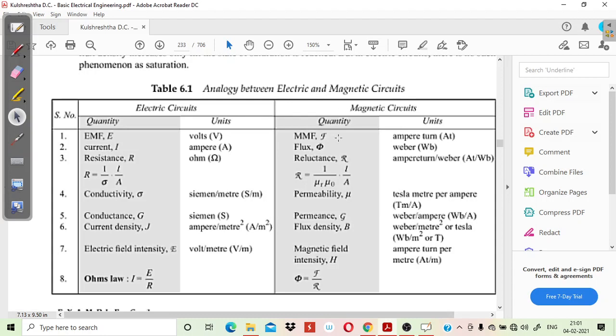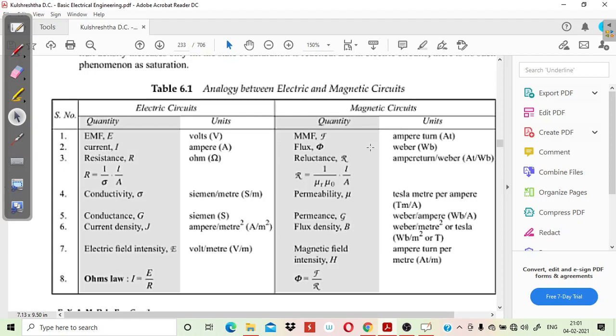What are the analogous quantities? First of all, electromotive force, EMF in electric circuits, is analogous to MMF in magnetic circuits.